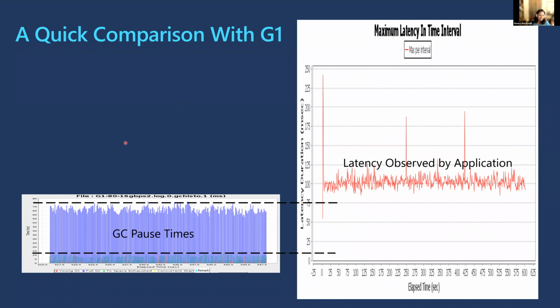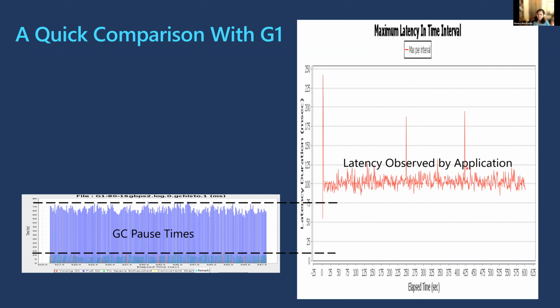How did the application react to G1's full GCs? The application didn't quite react favorably. It saw maybe 220, 230, so about 230 milliseconds is the worst case, and kind of like 175. So G1 GC's worst transformed into the application's worst as well.